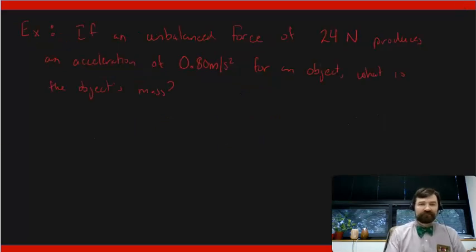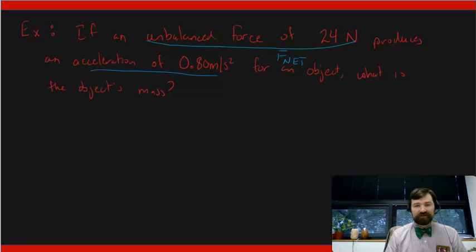Another example. Suppose we have an unbalanced force of 24 newtons. Again, this is another way of saying F net is 24 newtons. It produces an acceleration of 0.8 meters per second squared. This is a. And what we want to know is, what is the object's mass? That's m.